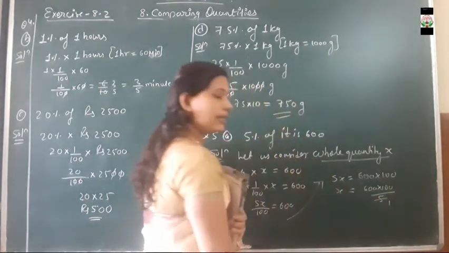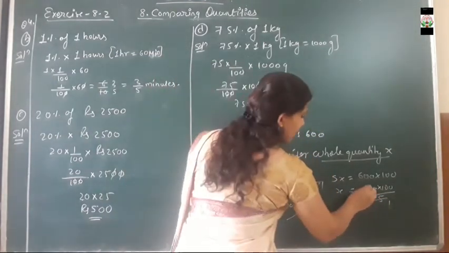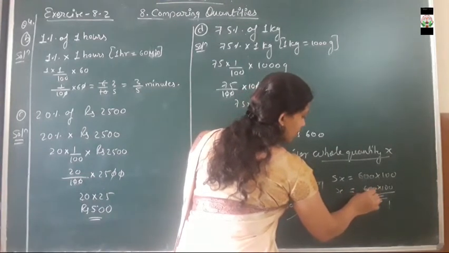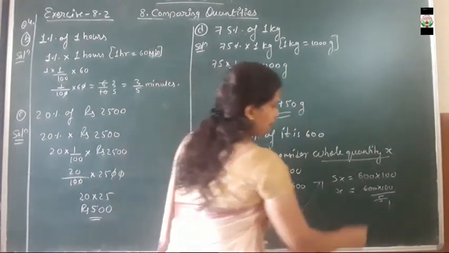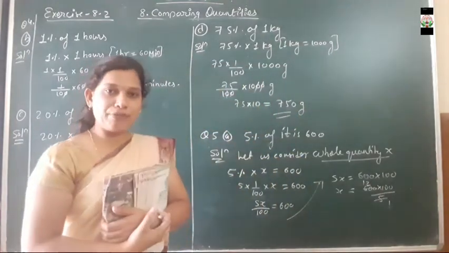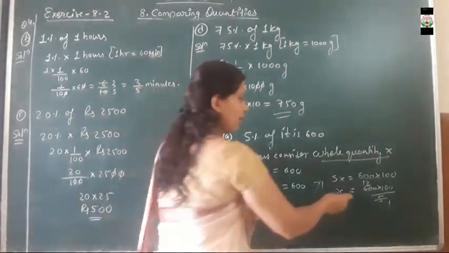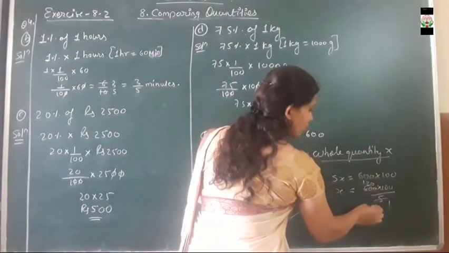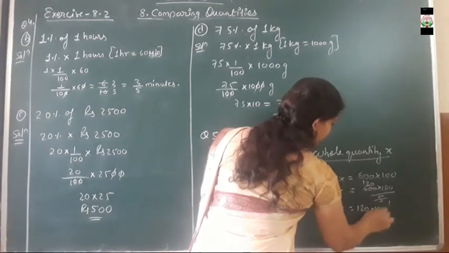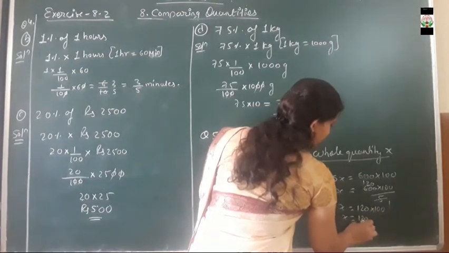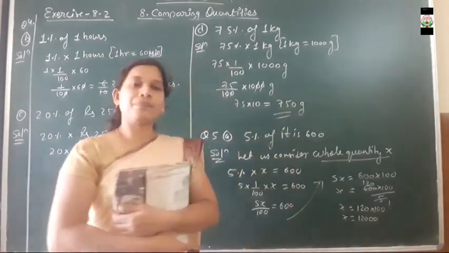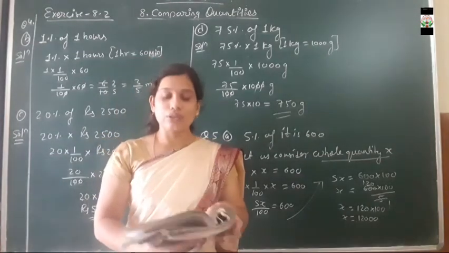Now it will get cancelled by the table of 5. 5 ones are 5, 5 twos are 10, and here 60 is there, isn't it? 5 11s are 55, 5 12s are 60. So 60 will become 0 and 1 more 0. So x is equal to 120 into 100, that means the value 12,000 will come. Clear everyone? So in this way you have to solve question number 5.